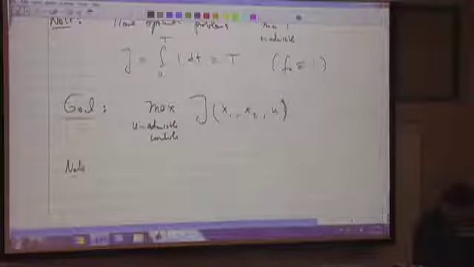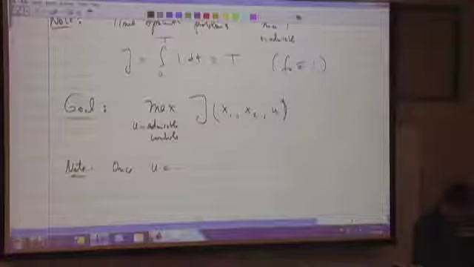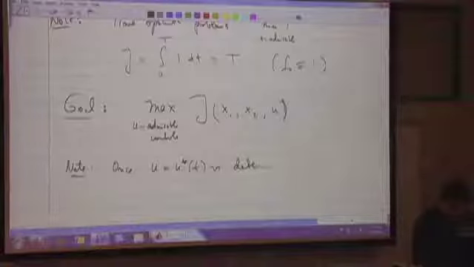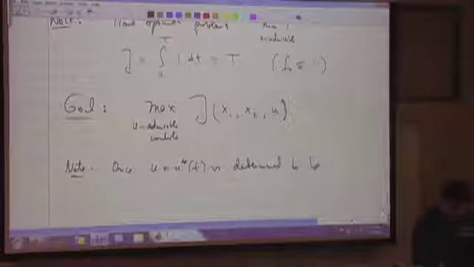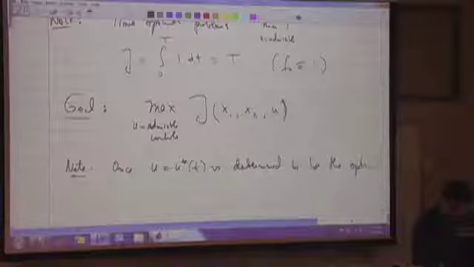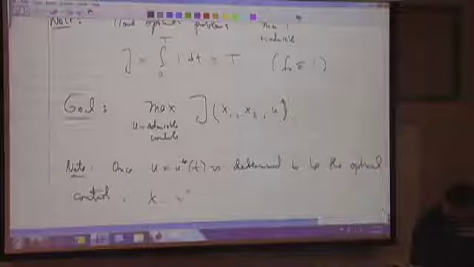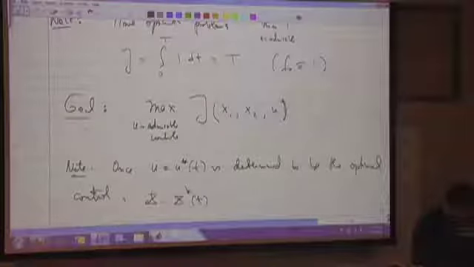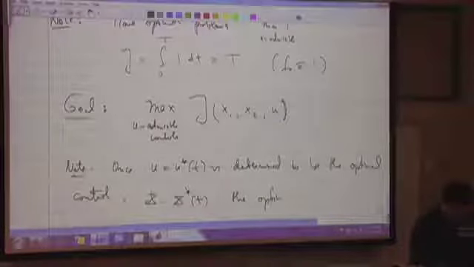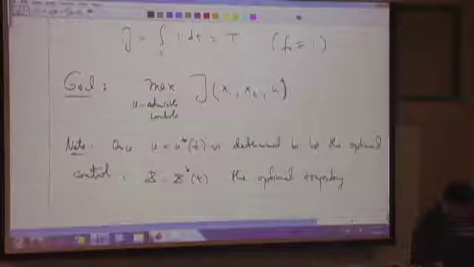Note again that once u star is determined to be the optimal control, x equals x star, which could be a vector, x1, x2, is the optimal trajectory or state over time.